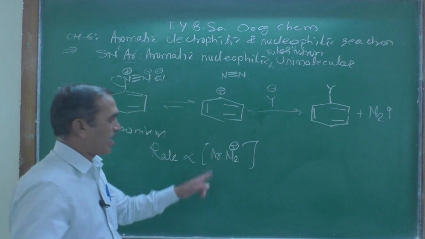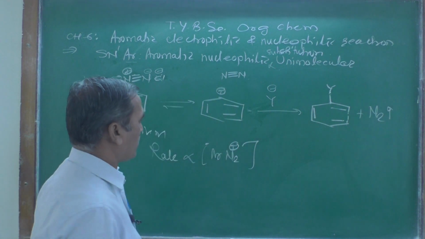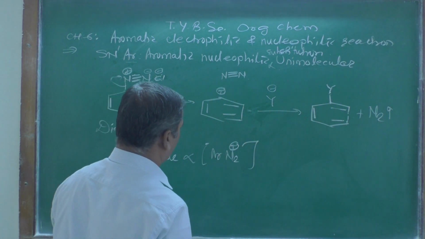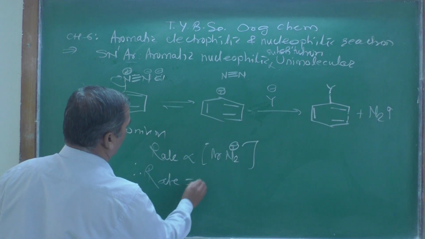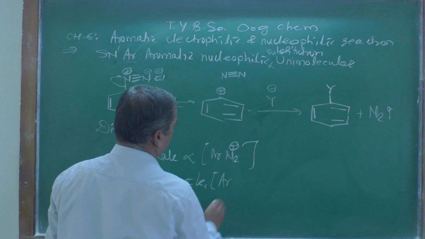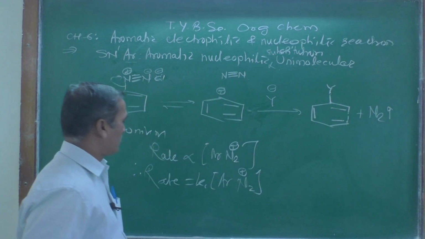In short, we write Ar for the aromatic compound, and N2+ is nothing but the diazonium salt, and therefore rate equals K1 times the concentration of ArN2+.